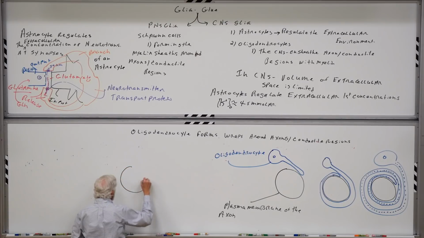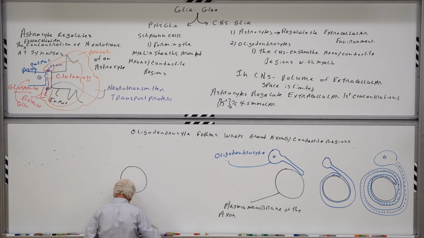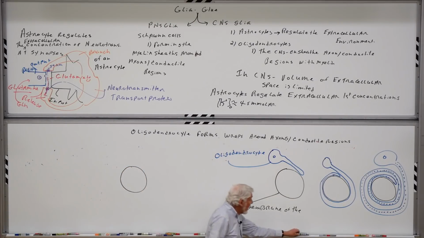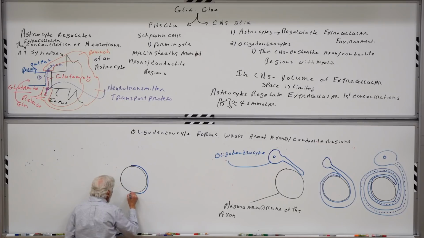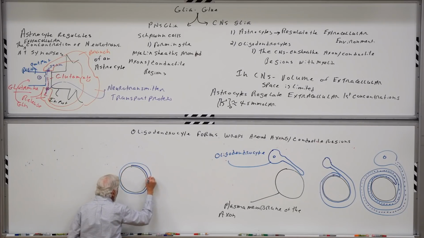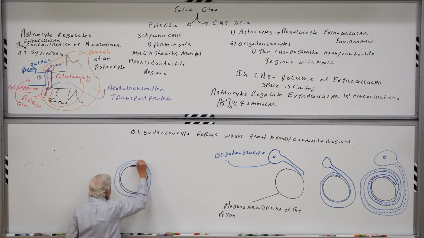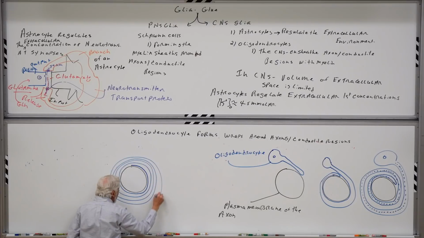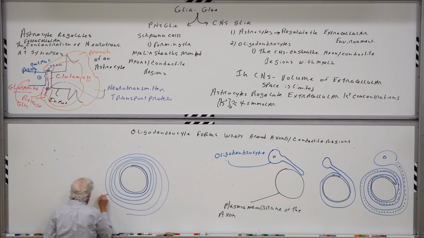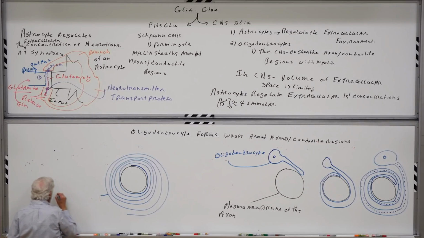There's the axon. And then there is layer upon layer. And I won't try to maintain the continuity that I have on the right side. There's layer upon layer of plasma membrane. And this is just the plasma membrane of the oligodendrocyte. But in so doing, this generates a kind of insulating layer.